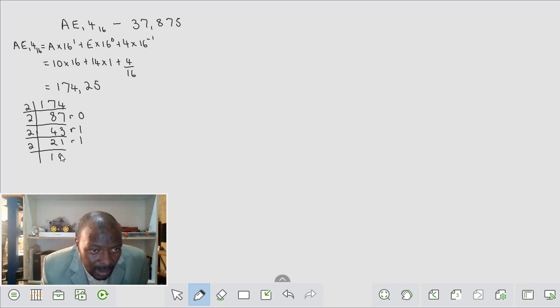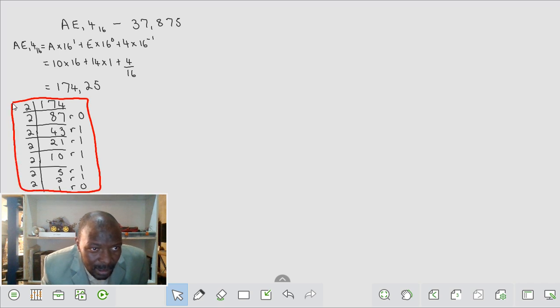This will be 10, remainder 1. And then that will be 5, remainder 1. That will be 2, remainder 1. That will be 1, remainder 0. Out of space. Probably I made my initial numbers a little bit too big. I should have foreseen a space issue here.